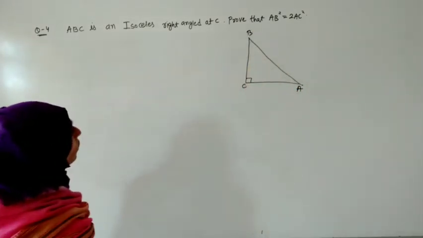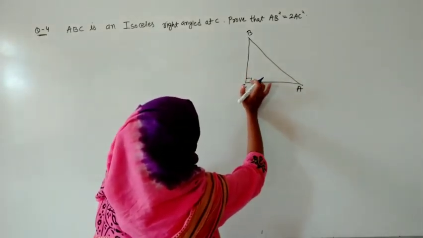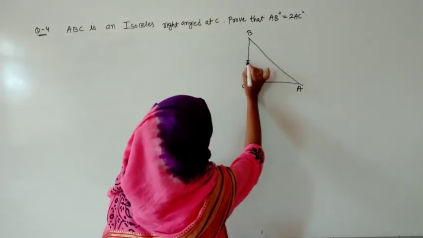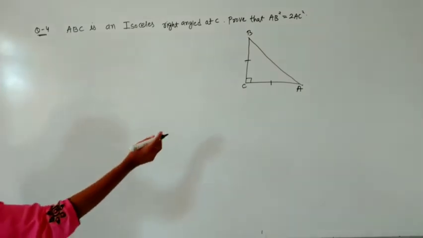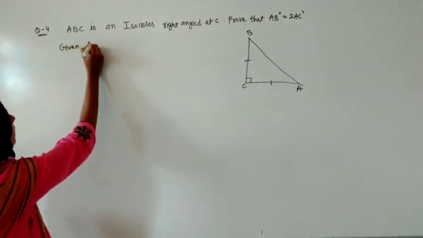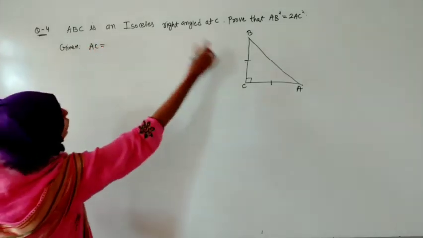If it is an isosceles triangle, as we know, if any angle is 90, in front of that is the hypotenuse, and the hypotenuse is the larger side, but this side and this side can be the same. In given, we can write that AC is equal to BC.